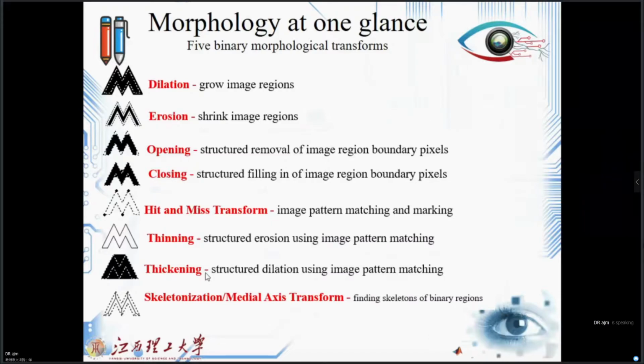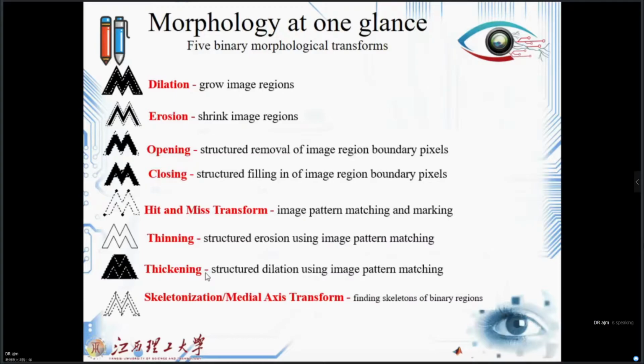These are the words or definitions that will come up in morphological processing. If you want to review them very fast with a very short description: dilation is going to grow the image regions. Erosion will shrink the image regions.